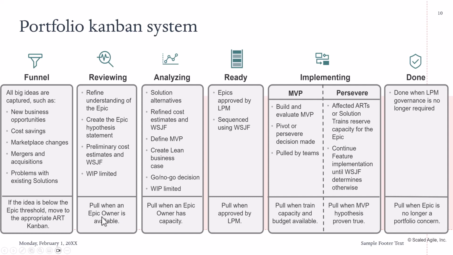Those epic owners are part of the LPM team, and when that epic goes to the reviewing stage, of course it has to be assigned to an epic owner, so that if a strategic theme or a business need is very critical for the business, maybe a problem with the existing solution, you can come up with, hey, maybe you can break the monolith system into microservices, or maybe container-based services, or maybe move that application to the cloud using Kubernetes services, or maybe the APIs.